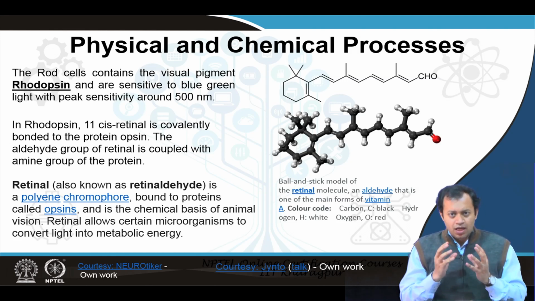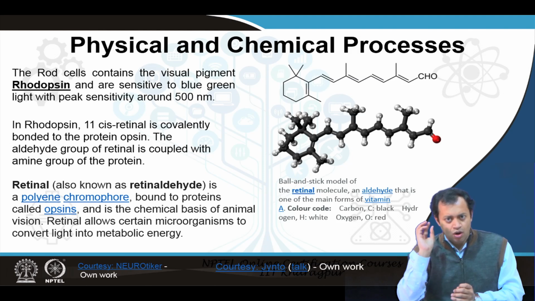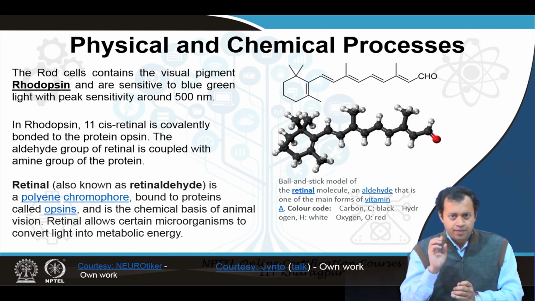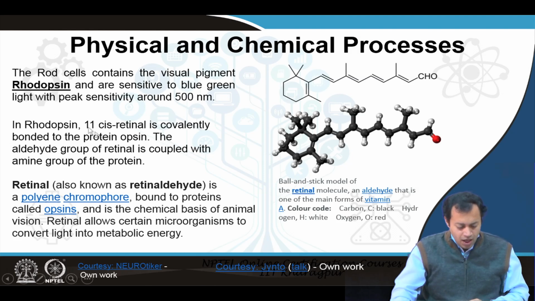So this chromophore is connected with the protein opsin, and it forms overall the rhodopsin. So in rhodopsin, 11-cis-retinal, the chromophore, is covalently bonded to the protein opsin, opsin, not off spin.